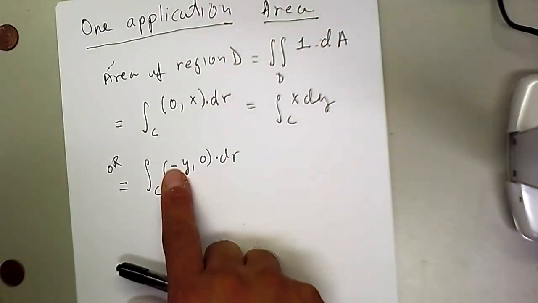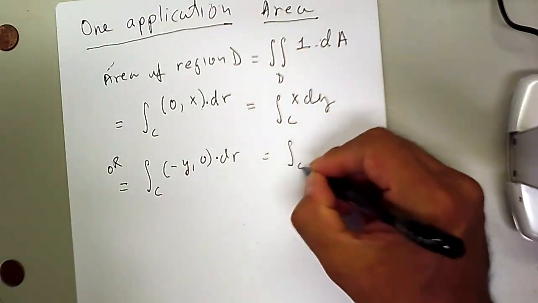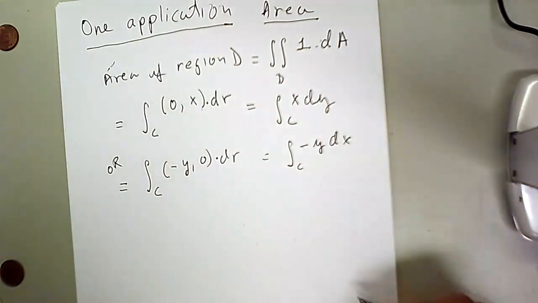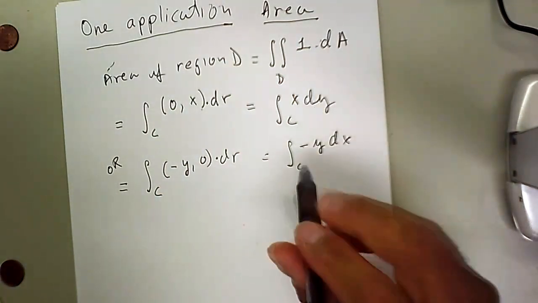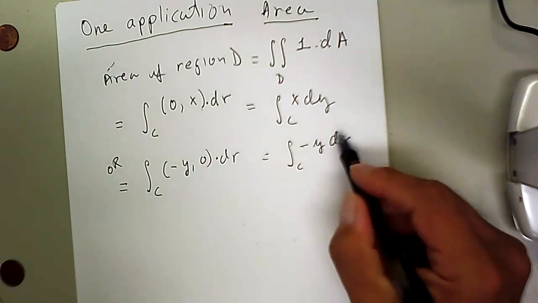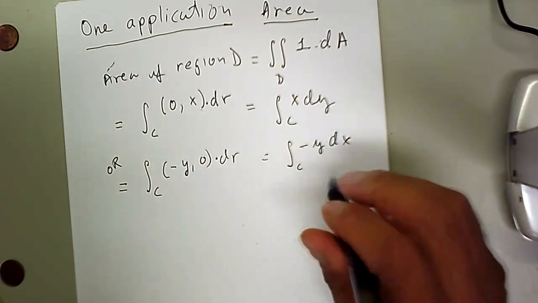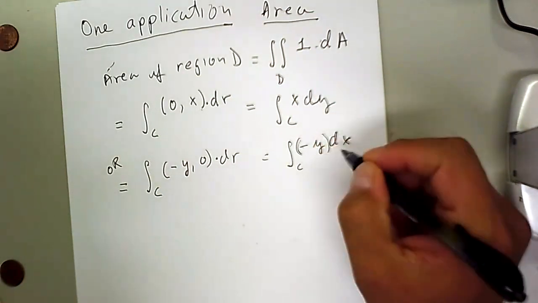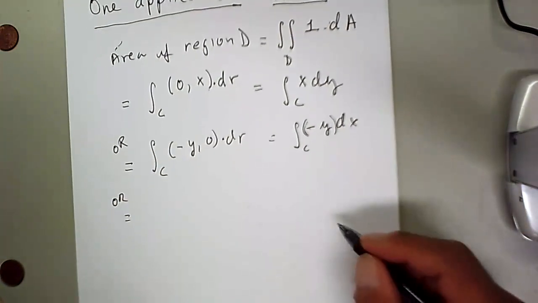So the double negative causes us to have a 1, and that's exactly what we wanted. So another way to do this is to have the integral over C of negative y with respect to x. Isn't that interesting? Because this is not completely symmetric. You would think, oh, x dy, so you should have y dx. No, no, no, no. There's an extra negative involved in this. Or you can combine the two, and there are probably more of them.